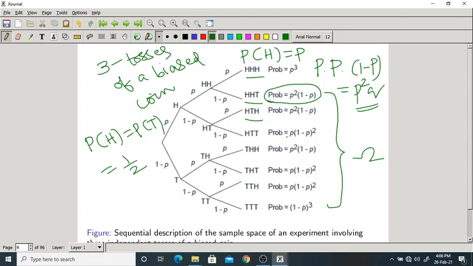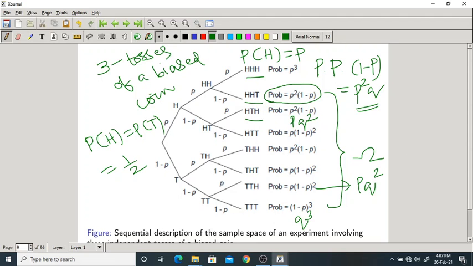Head, tail, tail: P into 1 minus P whole square, otherwise you can also write this as P into Q square. Tail, head, head, this is the probability. So in this diagram, we have all 8 possible outcomes along with their corresponding probabilities. Here, instead of 1 minus P, you can write Q, which means you can write Q cube.